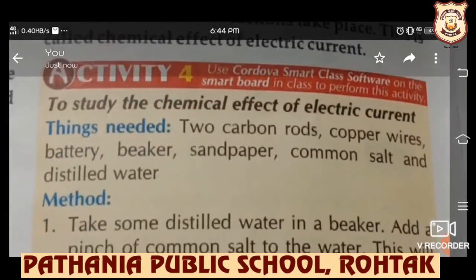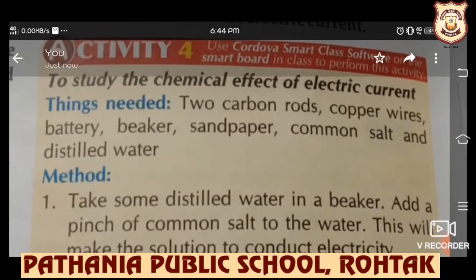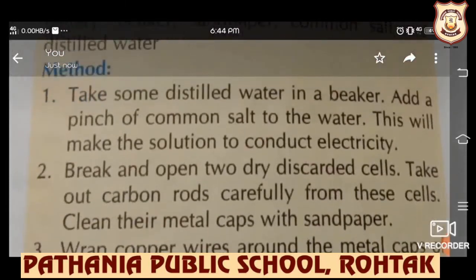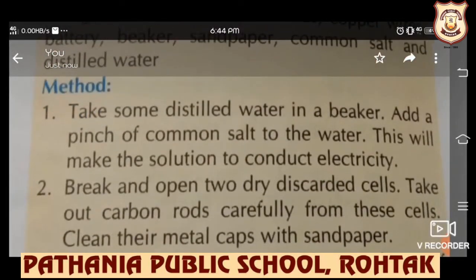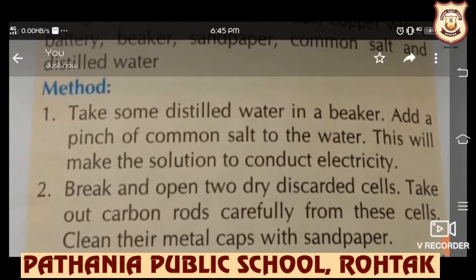Now how can we study this chemical effect? We have to take two carbon rods, copper wire, battery, beaker, sandpaper, common salt and distilled water. First of all we will discuss the method, then I will show you the arrangement, how you have to arrange these things.